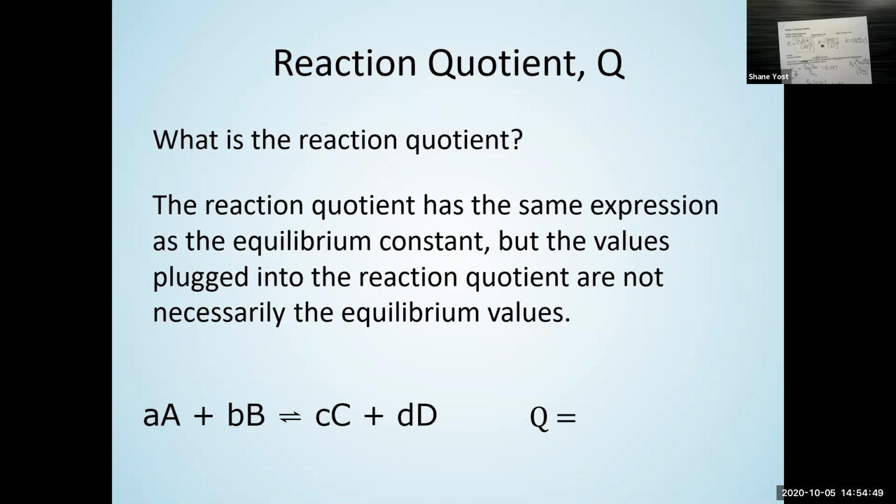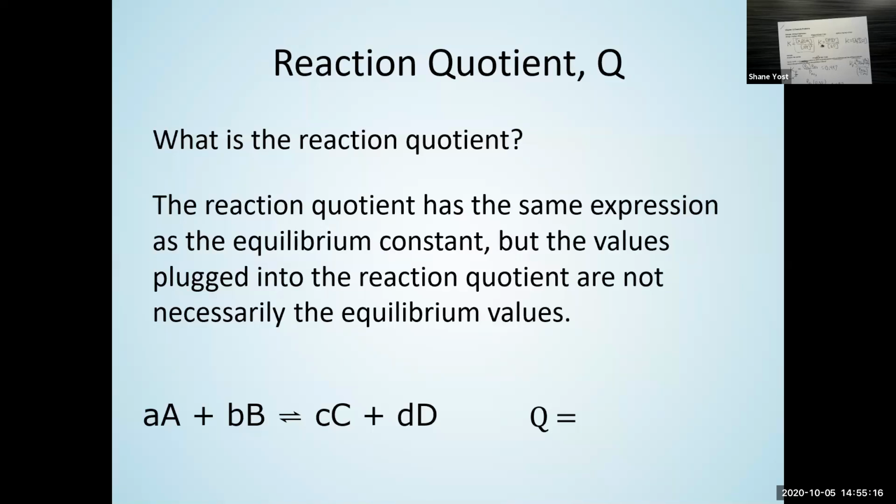Q just uses non-equilibrium concentrations of reactants and products. K is the expression, and its numerical value is given by the equilibrium ratios of reactants and products. Q can have any value it wants, depending on the current concentrations of your reactants and products.